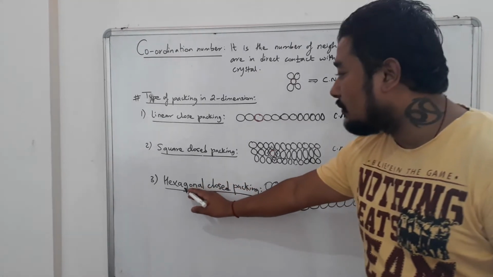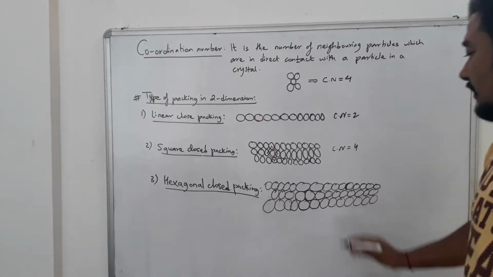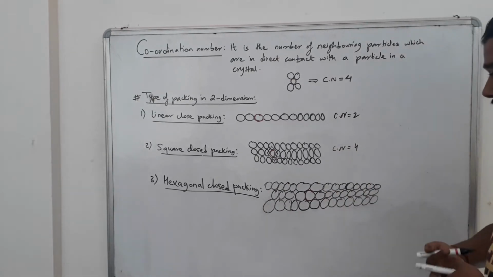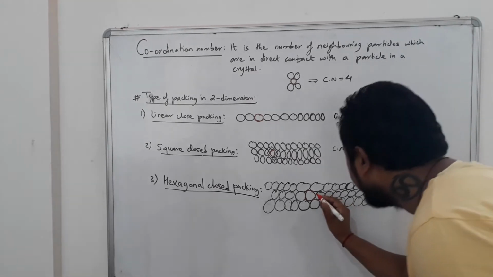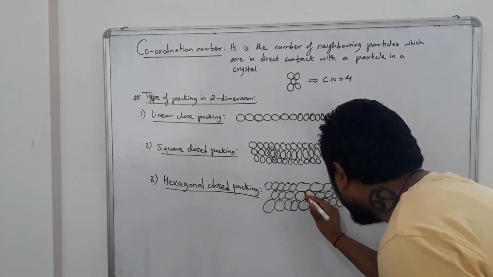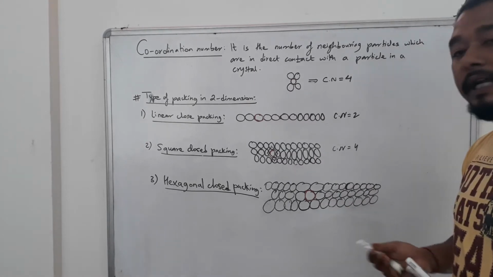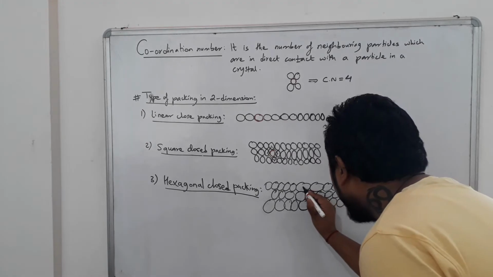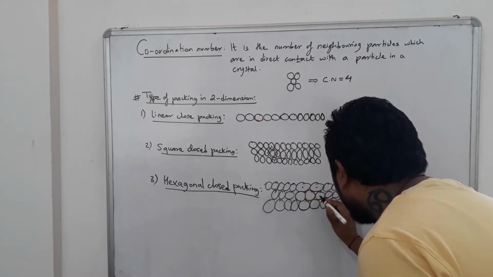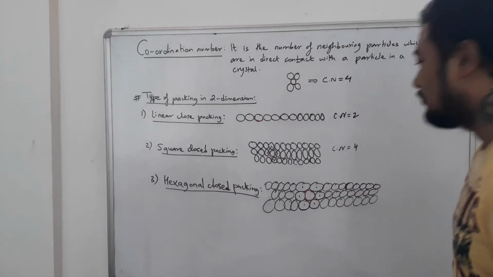Now we go to the third one in 2-dimensional packing, that is hexagonal close packing, for which I have again made a diagram out here. The exact picture you will get from the book; this is a rough one to make you understand. This central particle is in direct contact with these particles, students.